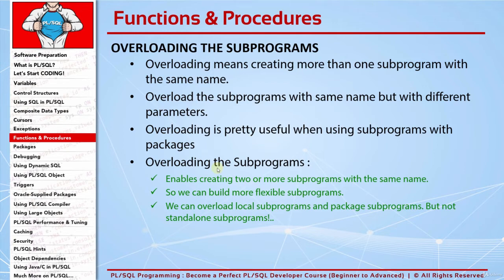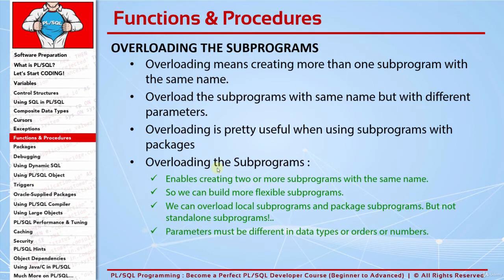We can see them in the functions list or procedures list on our schema. So in here, there can be only one name with the same function or same procedure. There can't be two same named functions, for example. On the other hand, there can be many same named functions or procedures with the local subprograms or package subprograms.